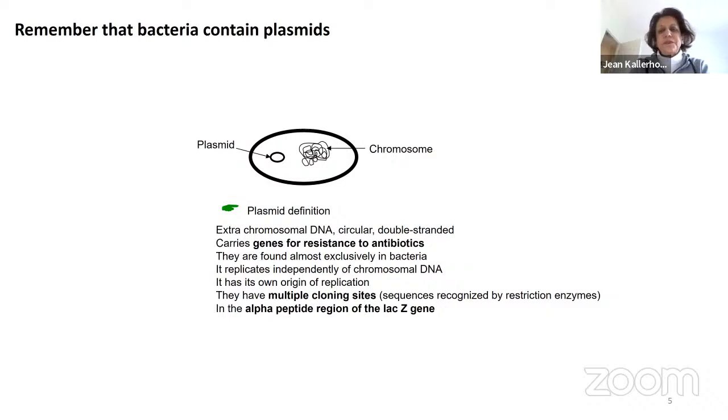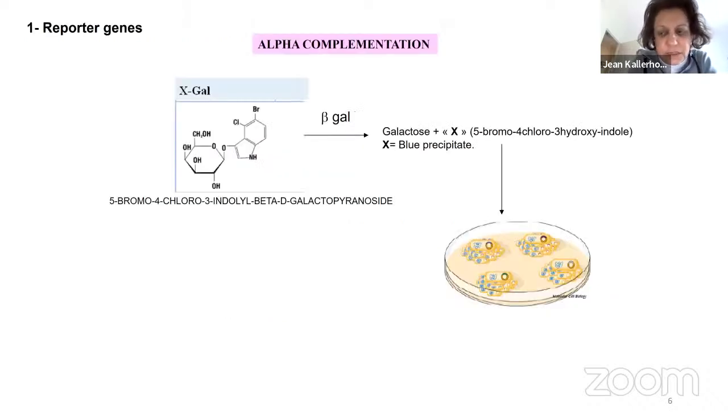Okay, so reporter genes. Reporter genes are genes that encode an enzyme that will result in a color change in a substrate. You don't need to remember this extraordinarily difficult name, but please just remember X-gal.